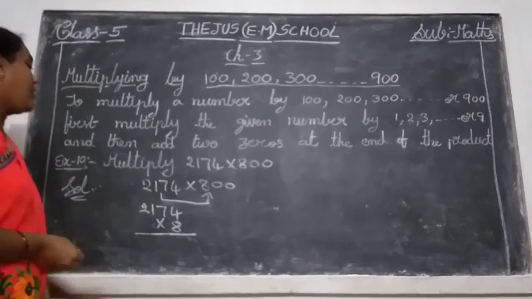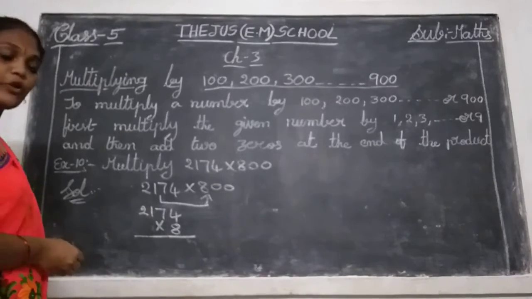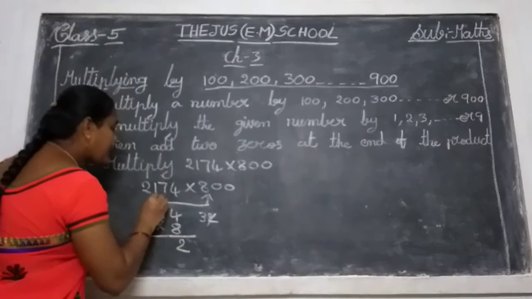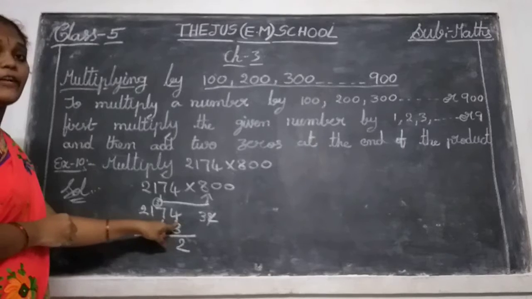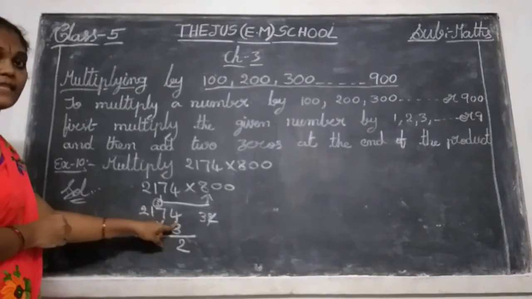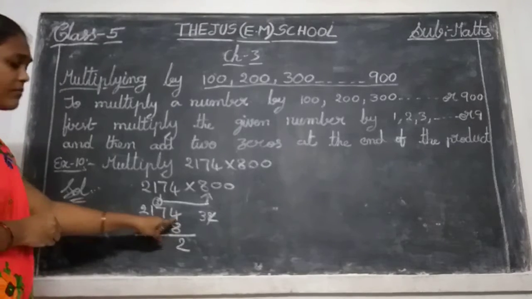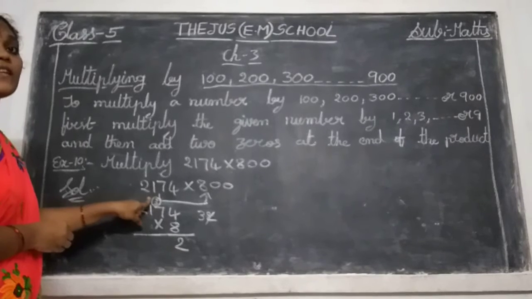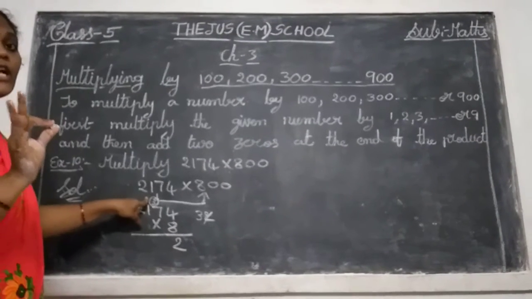Okay children. 8 4s are, read the 8 table. 8 4s are 32. So write 2 here, and 3 goes up next to the number. 8 7s are 56. 56 plus 3 is 59.